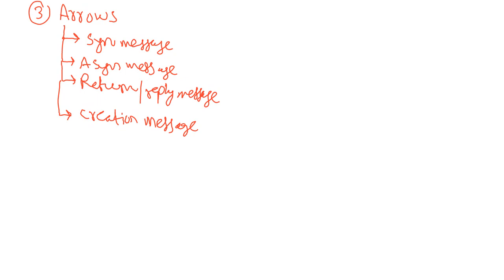It can be created according to the message that is being sent. For example, if you want to create such a message, then you will use this arrow like this, and here you will write create. Okay, this is the create message symbol.